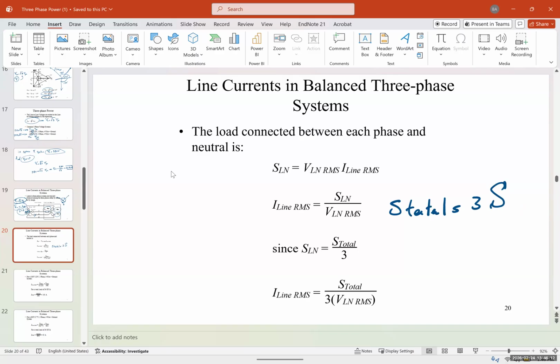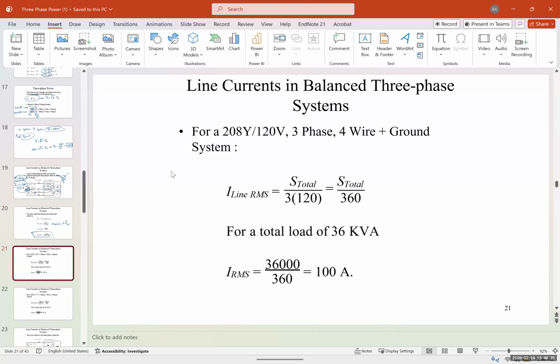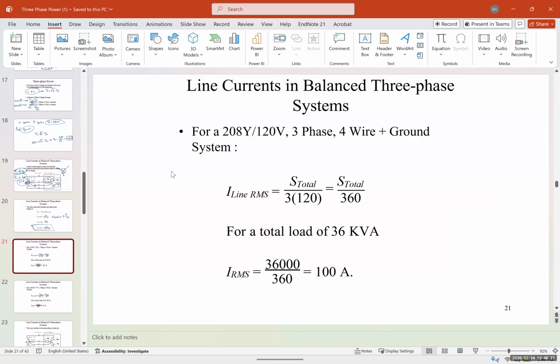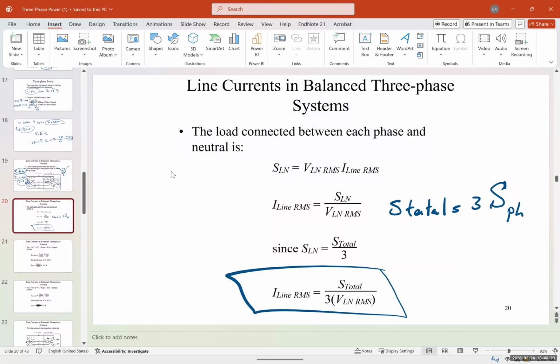I'm going to call this 3S phase. Now, using Ohm's law, I line would be equal to total power over 3 V line-to-neutral, and therefore we can find the line current here as well.